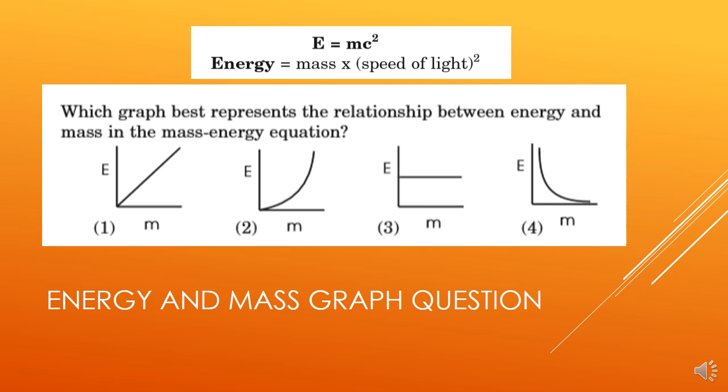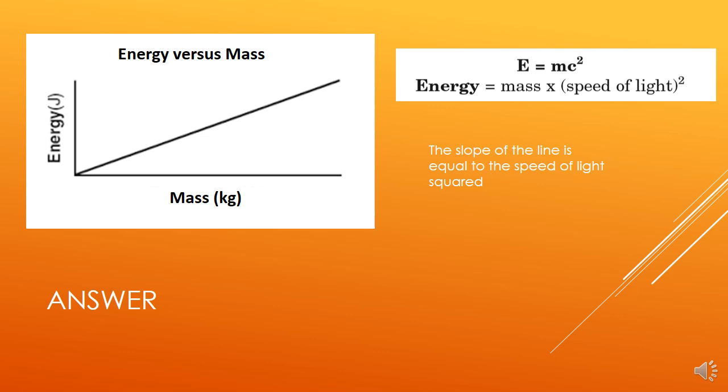The correct answer is number 1, because we want the relationship between energy and mass, and it's not mass that's being squared, it's c, the speed of light, that's being squared. So the relationship between energy and mass is actually linear, and I'm showing that here.